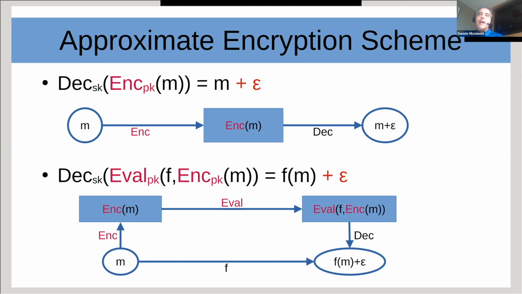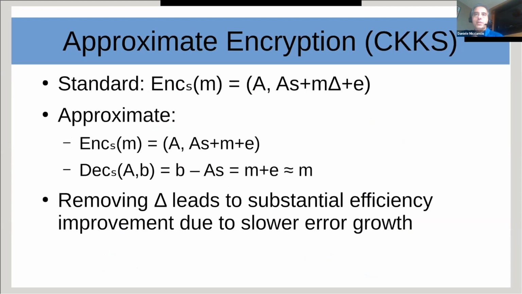If you take a message M, you encrypt it, evaluate a function f homomorphically, and then decrypt the result, you will not get f of M, but you will get something close to it. You will get f of M plus epsilon. Now, the approximate encryption scheme was put forward by the CKKS paper by Cheon et al. that showed how using approximation you can gain in efficiency.